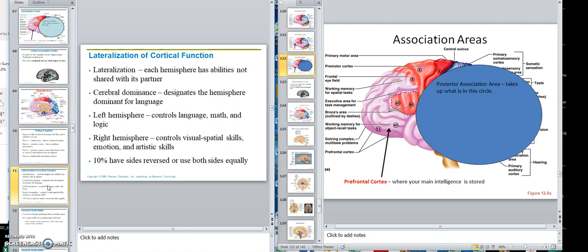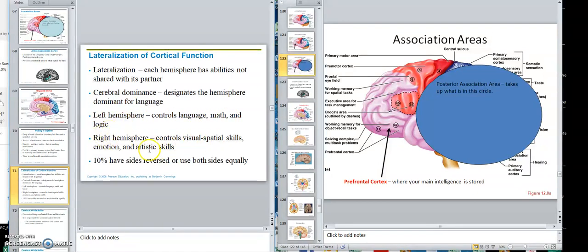Okay, now when we get to what we call lateralization of cortical function, each hemisphere has abilities not shared with its counterpart, that means the other hemisphere. Cerebral dominance designates the hemisphere dominant for language. The left hemisphere generally controls language, math, and logic. Left brain person.